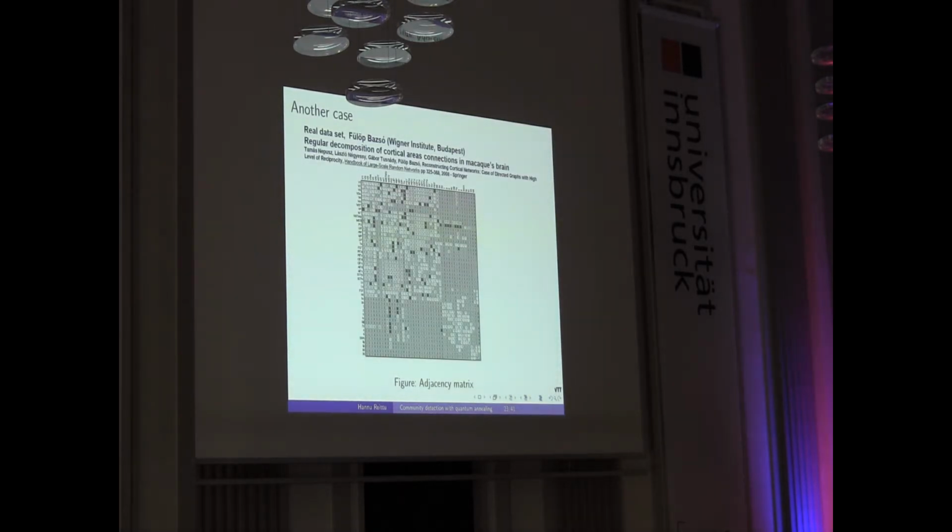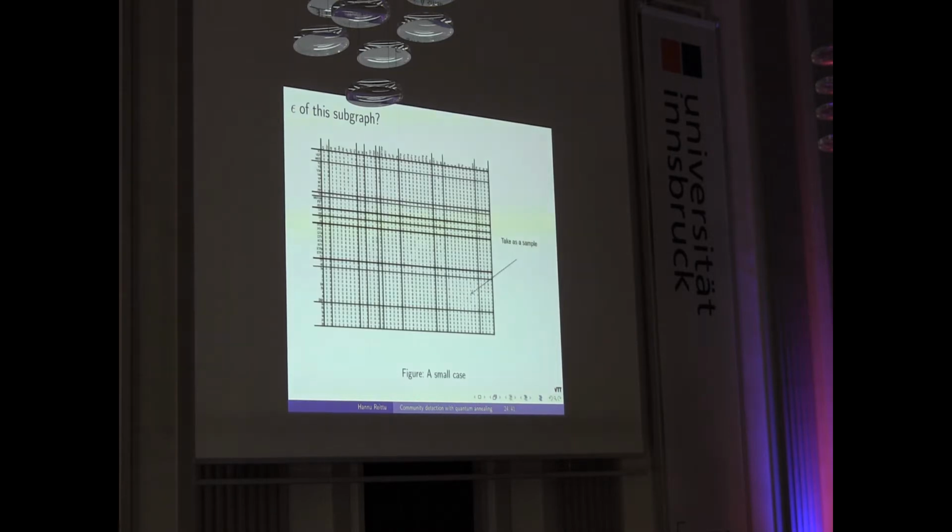Okay, first example is this real-life graph I got from Philip Vajo from Budapest. It's a directed graph that describes connections between cortical areas in the brain. And they used the regularity lemma, actually. They tried to find these regular pairs, regular partitioning.